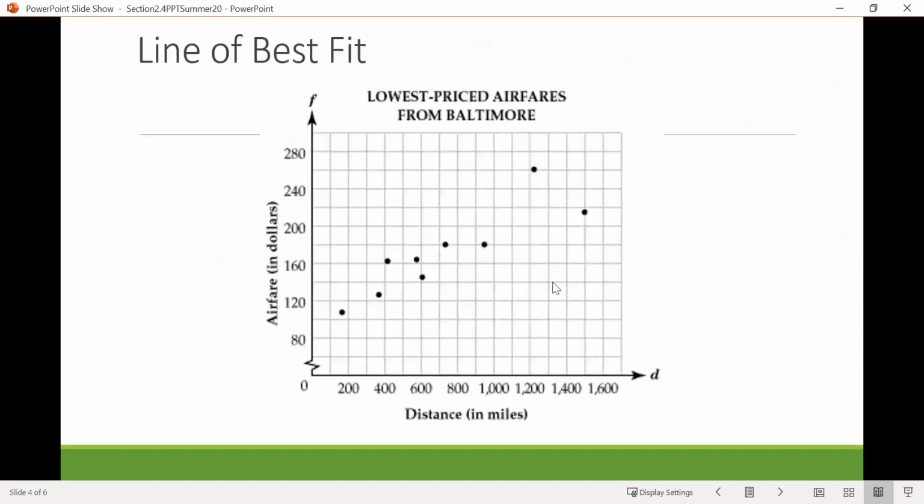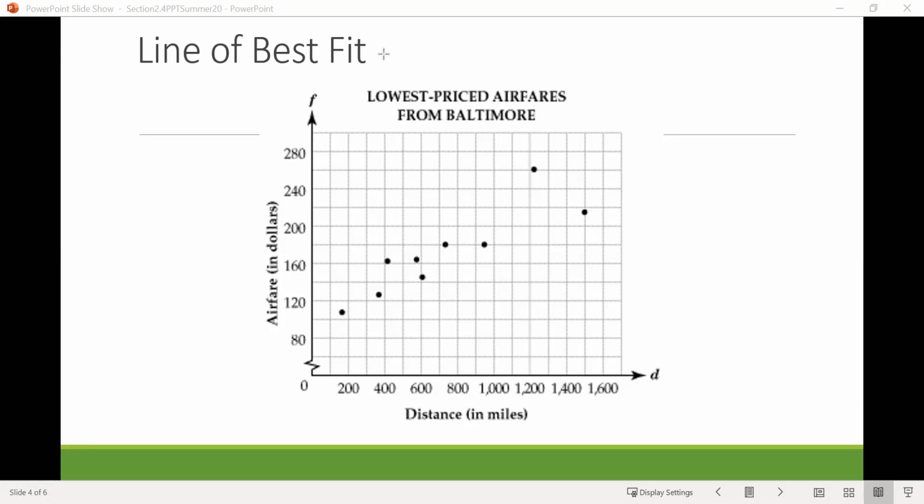Going back to this set of data, we're going to draw a line of best fit. A couple of things about it. Number one, we generally try to make it split the data evenly, so there's about the same number of dots above and below the line. But it also needs to follow the trend of the data.